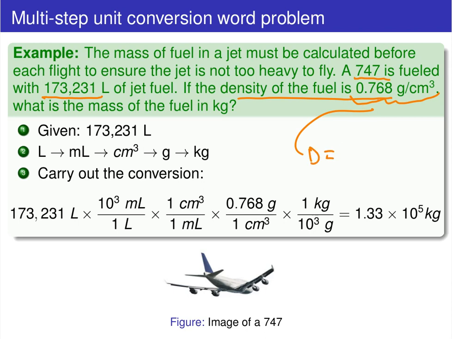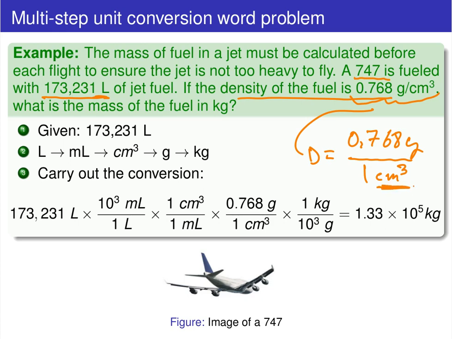And what we're effectively writing down here is a conversion factor that says there's 0.768 grams in 1 centimeter cubed. So we're familiar with the first step. If we're trying to convert a given volume into a given mass, we're of course going to need this density, but the density here is given to us in cubic centimeters.